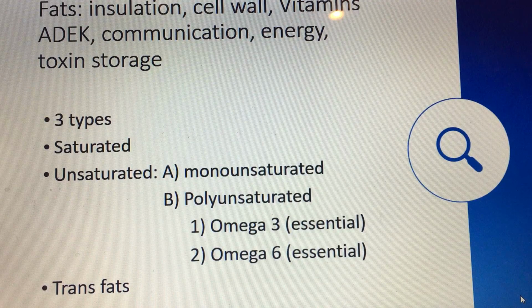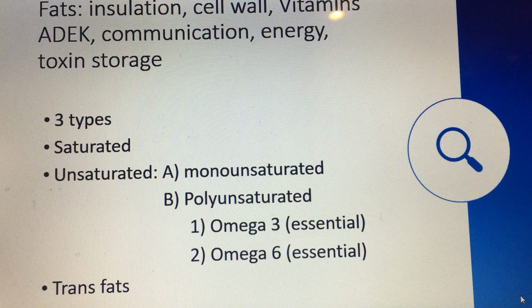They're not natural, and they mess up chemical reactions between fats in your body. So we're not going to talk too much about trans fats, because you should know by now just to eliminate trans fats, and you can look on the label and make sure there aren't any. So we're going to talk about saturated and unsaturated, particularly the omega-3s and the omega-6s.